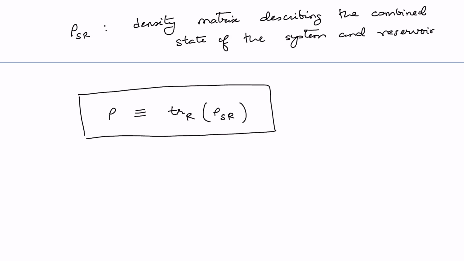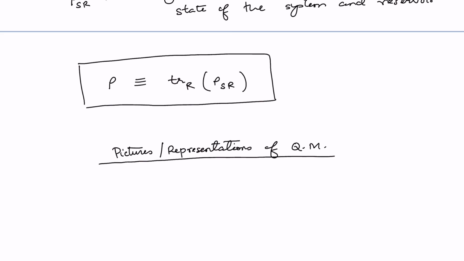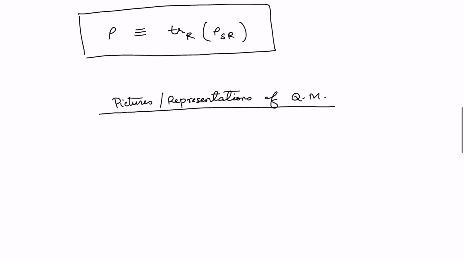Still, let me briefly digress and offer you a discussion about the various pictures or representations of quantum mechanics. Here my discussion will be brief, and I request you to consult any standard quantum mechanics text for details.